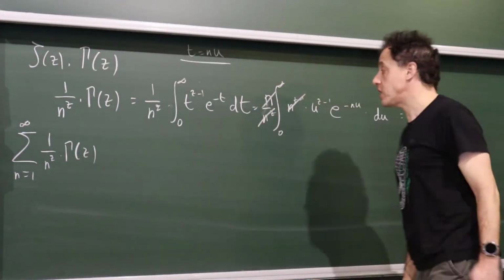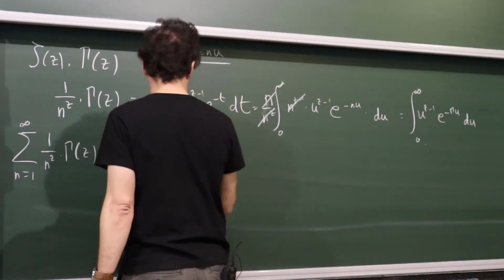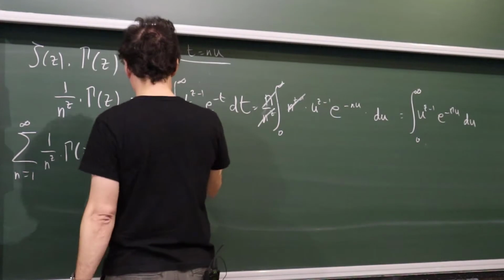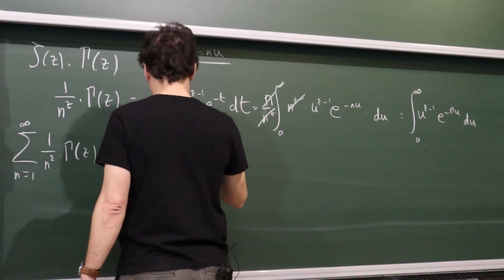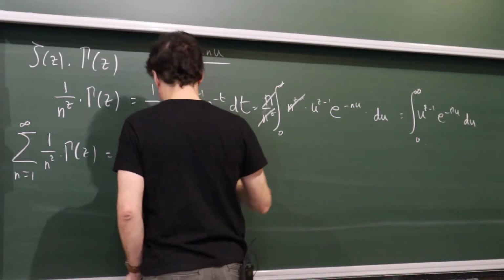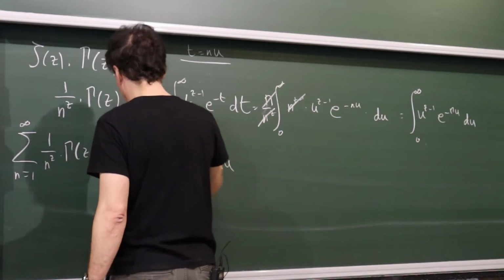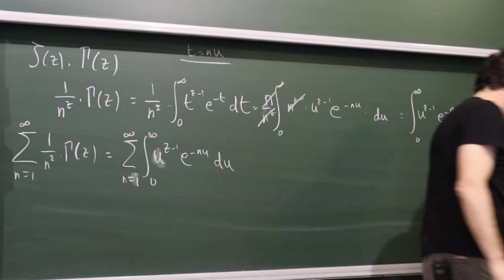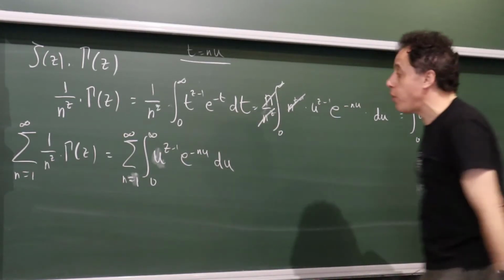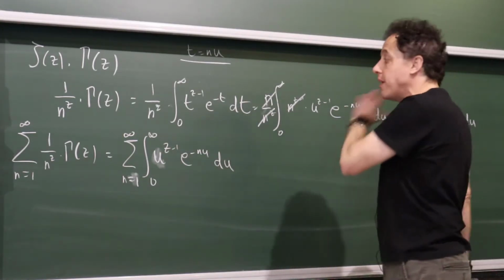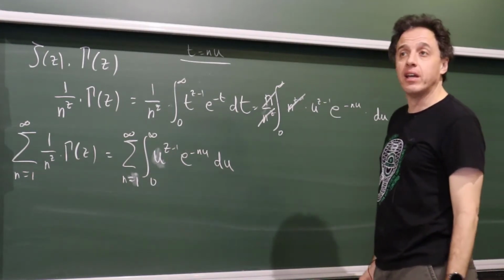We try to compute this sum, the sum from n equals 1 to infinity. In fact, we want to show that we can exchange the integral and the sum.